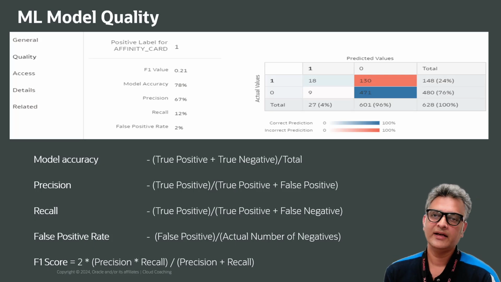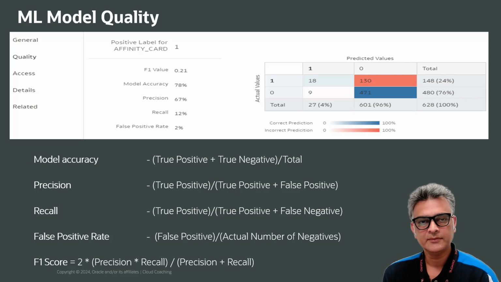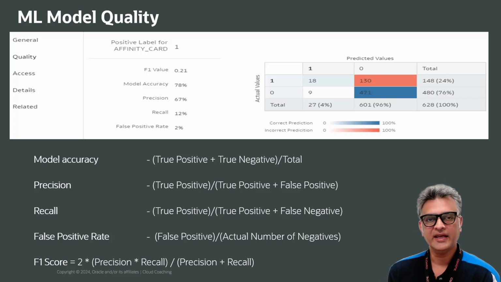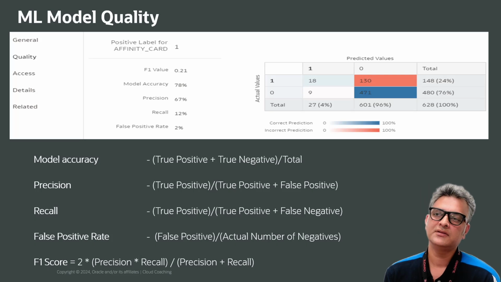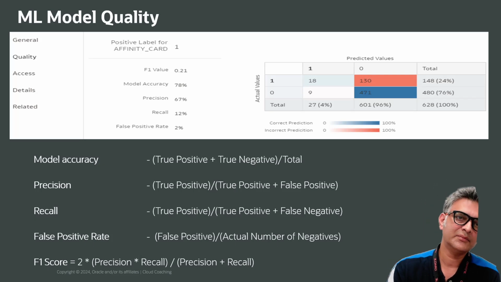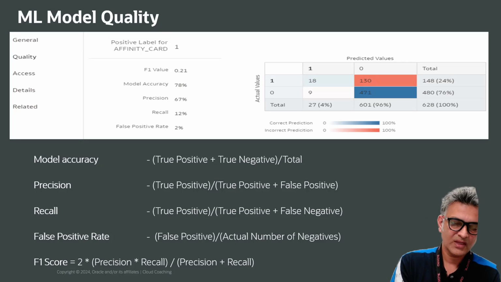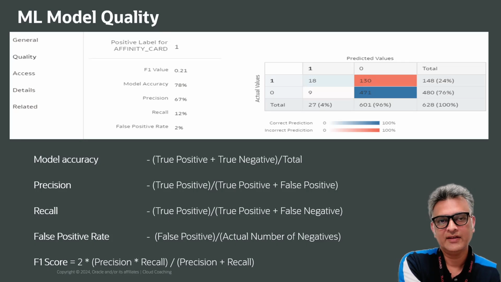Again, here I would like to mention one thing: in earlier times, model accuracy was the main quality parameter that was used to identify how good a model is. But over a period of time, it has been identified that accuracy alone might not help, because if we have data sets where we have skewed data, then the model accuracy does not help in having a better quality model.